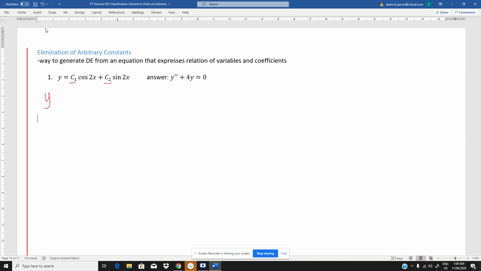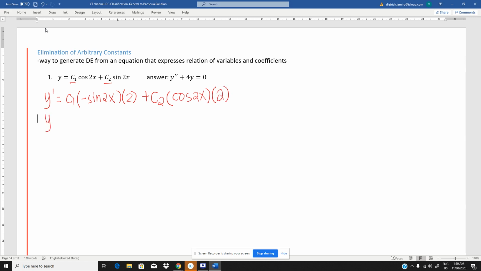So y prime is equal to c1, and then the derivative of cosine 2x, which is negative sine 2x, multiplied by the derivative of the inside. So it's chain rule. The derivative of the inside is 2, plus c2 multiplied by the derivative of sine 2x, which is cosine 2x, and then the derivative of 2x, which is 2.